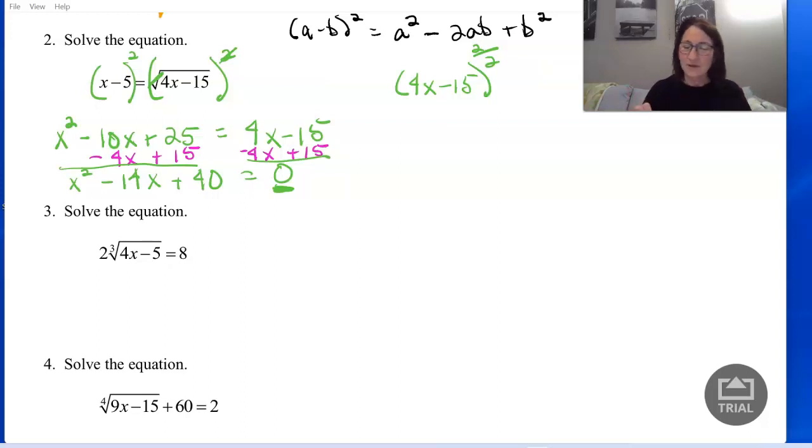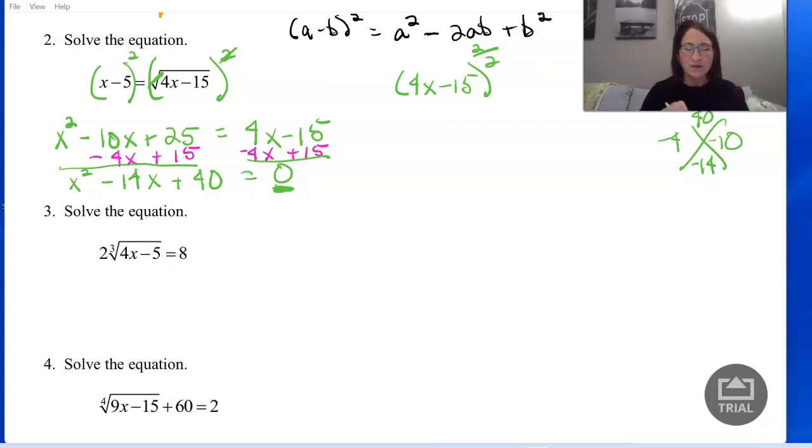Let me just move this over here. I am looking for what I can multiply that gives me 40, but is going to add to negative 14. How about 4 and 10, make them both negative.